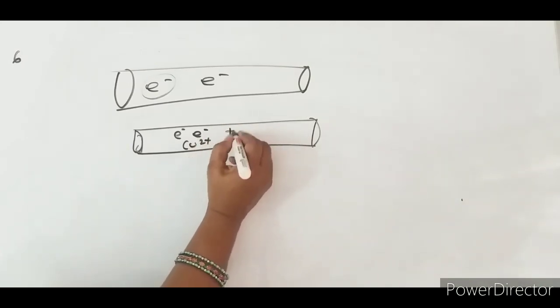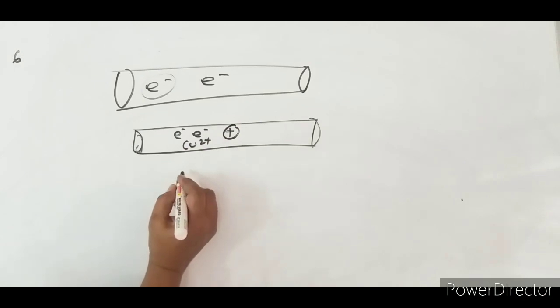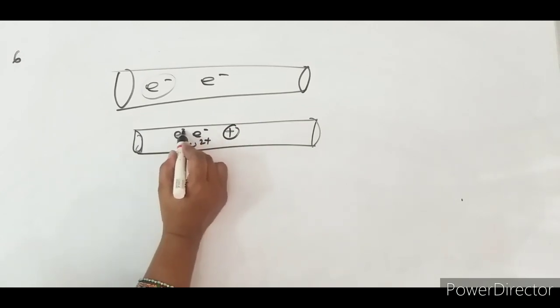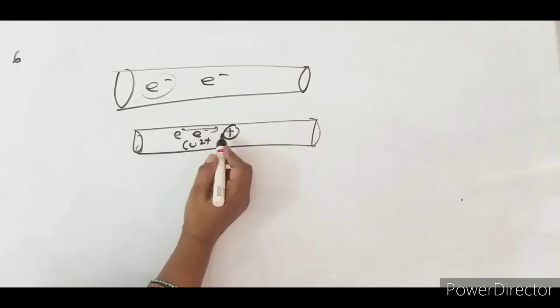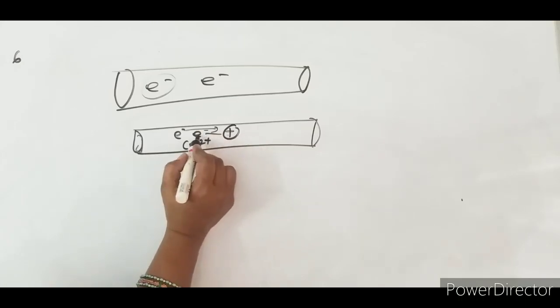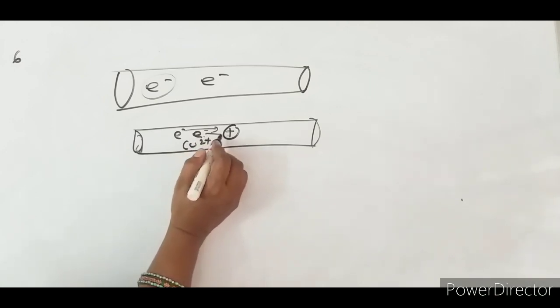Let me represent this one as positive. When electrons are flowing, these positive charge particles give obstruction to the flow of electrons. This is nothing but resistance.